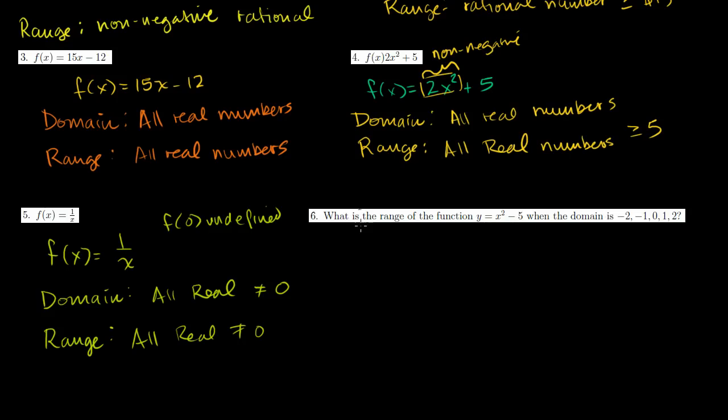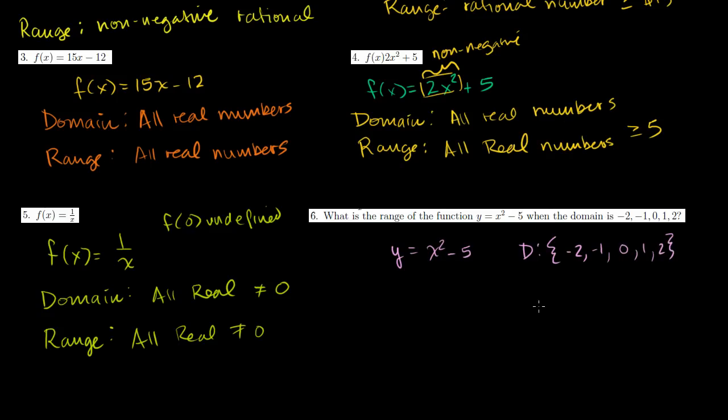All right, problem 6. What is the range of the function y is equal to x squared minus 5 when the domain is, so they're defining the domain. They're restricting it. They're saying the domain is just the numbers -2, -1, 0, 1, and 2.